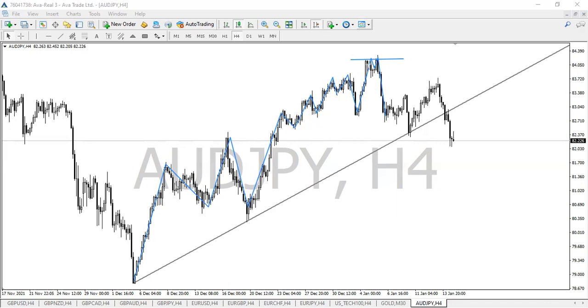Now, if you look at AUDJPY here, it was unable to cross this point. It couldn't cross this point again. Someone might say, even here, AUD went down below this point, right? Which is true. But what happened after that? After that, AUD was able to move further up than these two points.